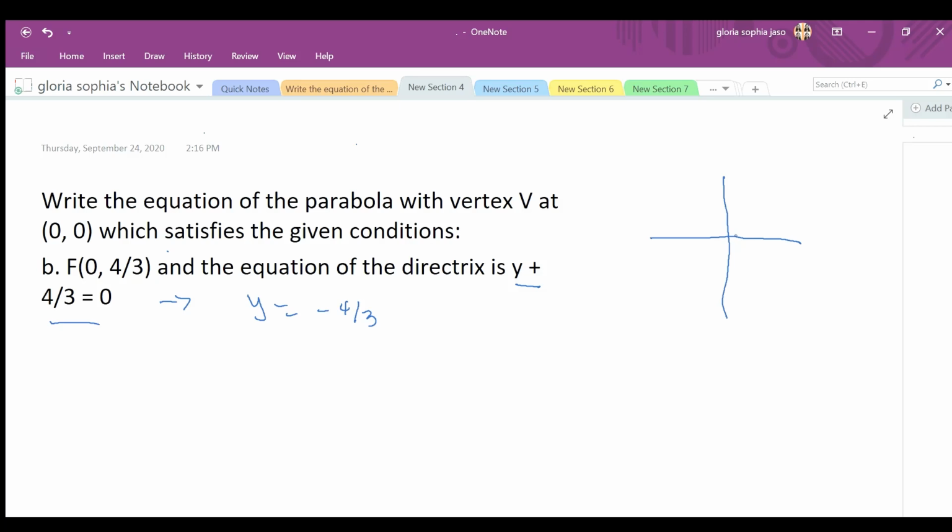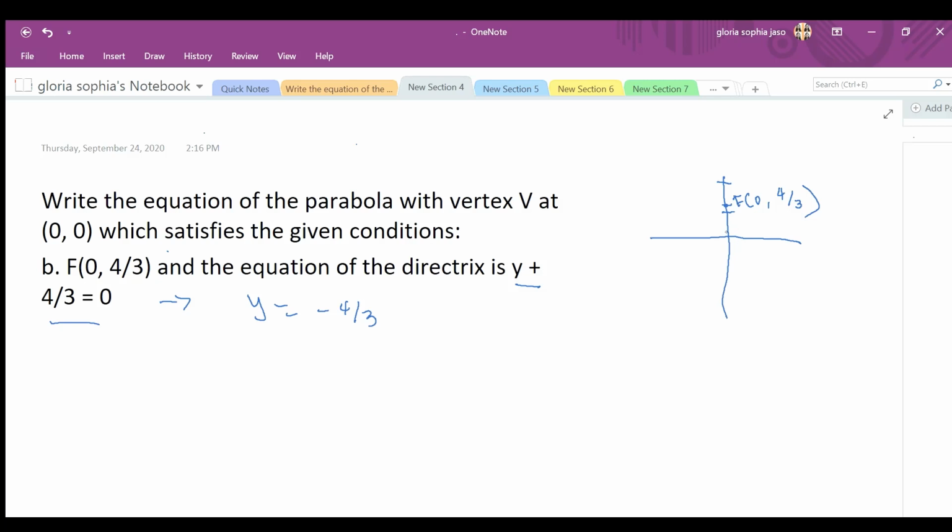So F is at (0, 4/3), or 1 point something. That is our focus.